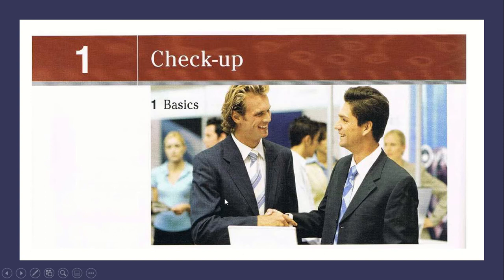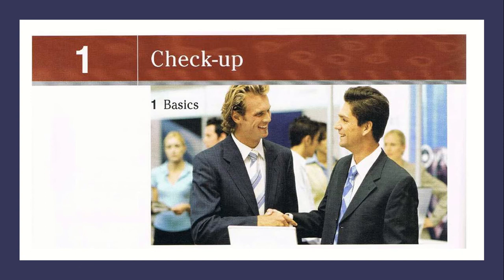They are wearing suits and neckties. And what are they doing? They are shaking hands. Do you think they are discussing problems? No. Why? Because they are smiling. So, what do you think they are doing?